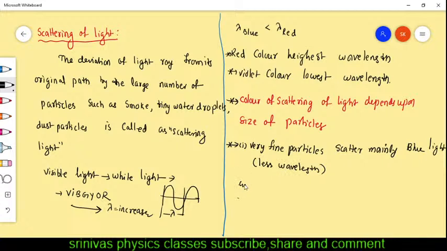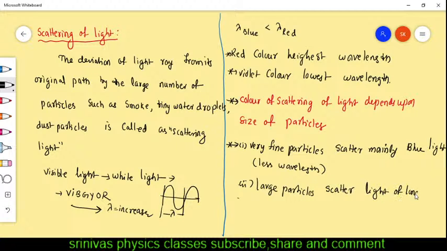And large particles scatter light of longer wavelength.